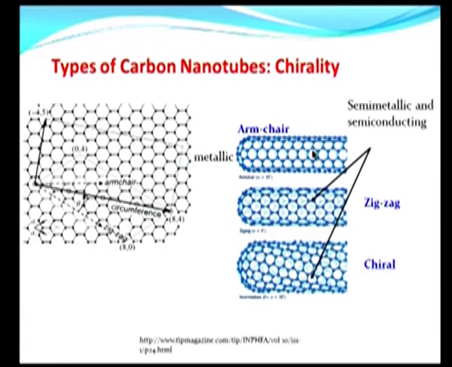So, you have different configurations of carbon that can be derived quite readily by folding it along different directions of this two-dimensional lattice, and one can describe these things in terms of the basis vectors A1 and A2 as shown here, basis vectors which will allow you to translate from any spot in the hexagonal lattice to any other in terms of integral numbers of A1 and A2.